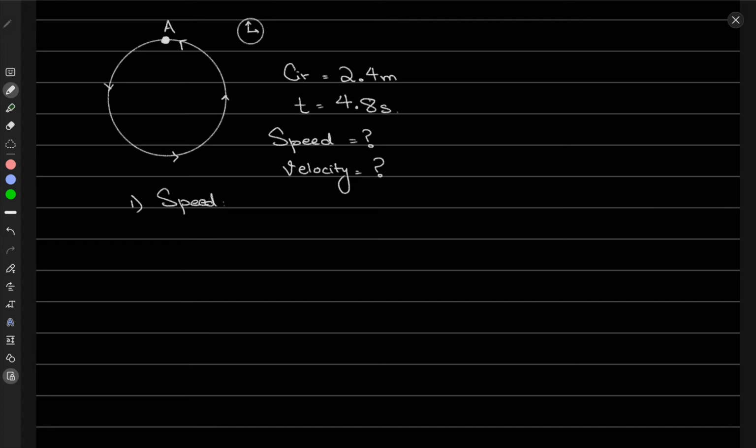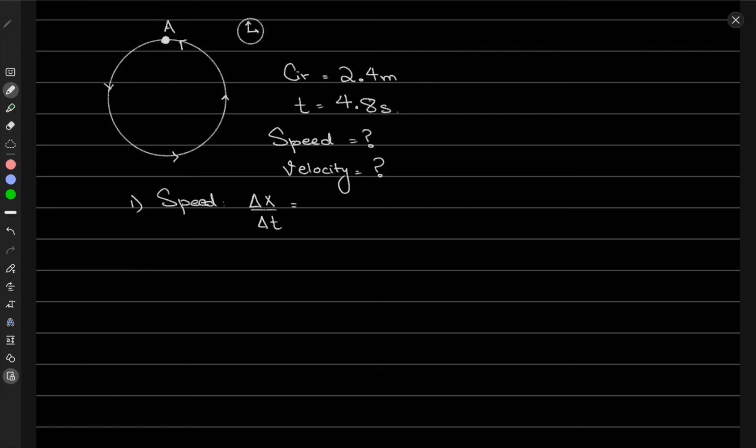So we know that average speed is defined as the change in distance divided by change in time. Because the circumference of this circle is 2.4 meters, this length is really 2.4 meters.